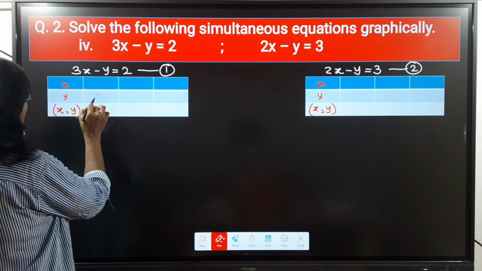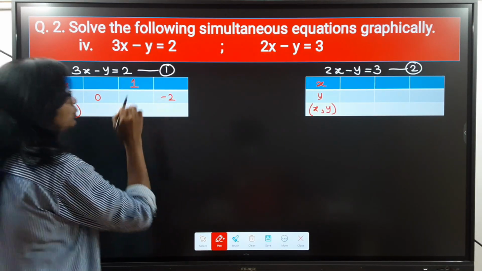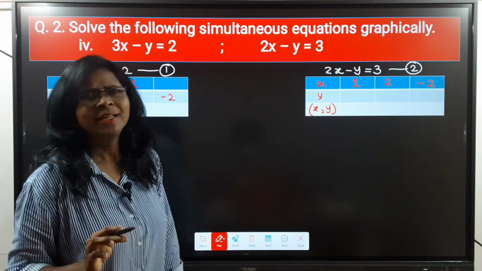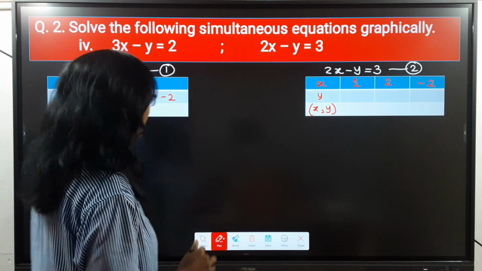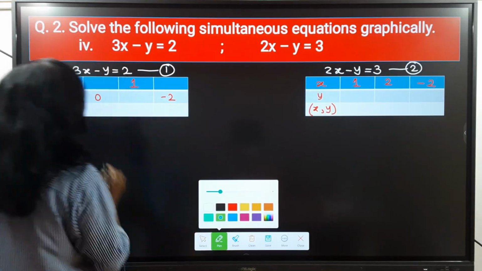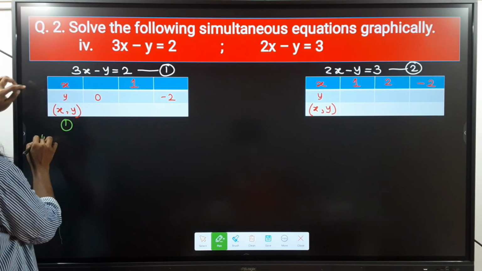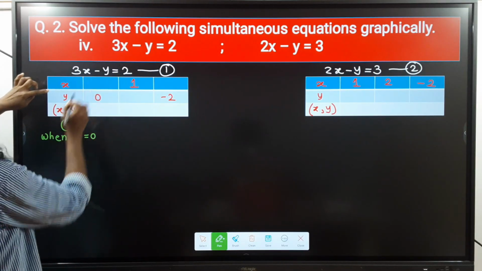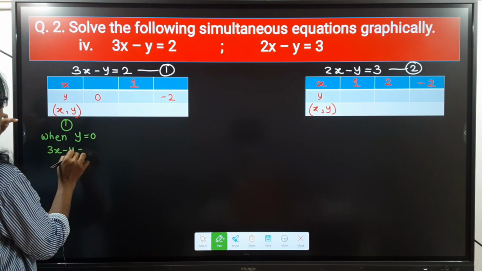So now we have to consider three values and the remaining three values we are going to find out. So here first I write down 0, 1 and here negative 2. Here also 1, 2 and minus 2. Okay students, I have considered all the values for x. So now first, when y is equal to 0, we consider the value for y. The equation is 3x minus y is equal to 2.